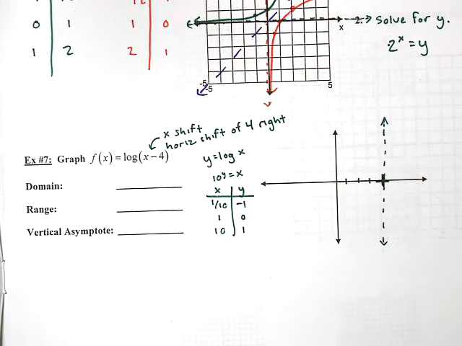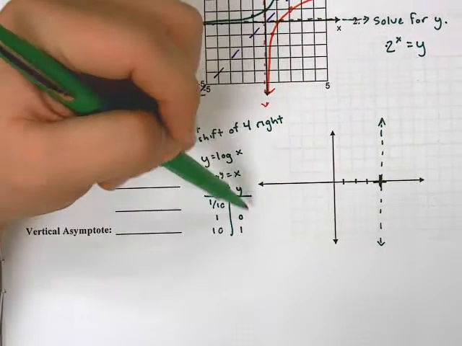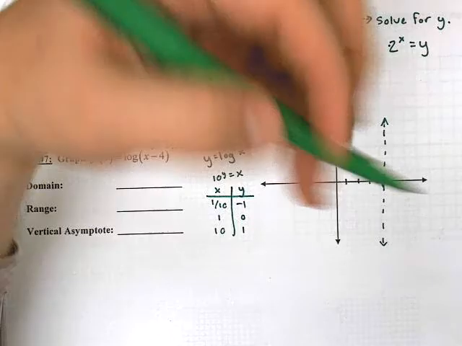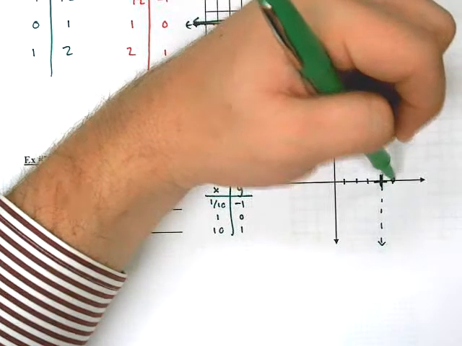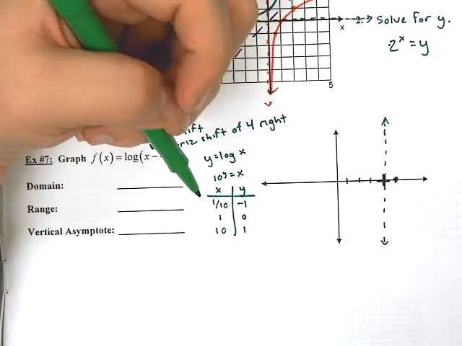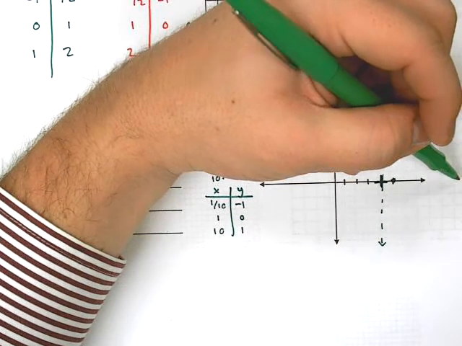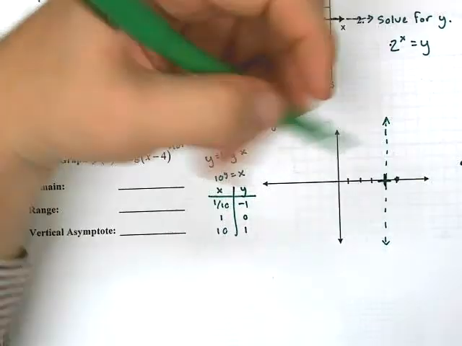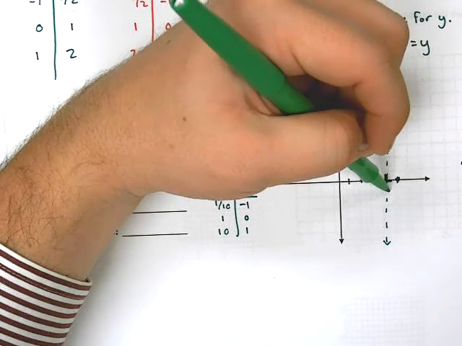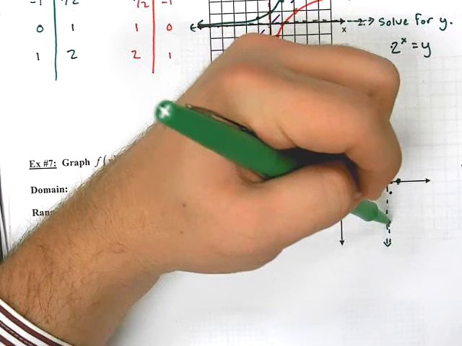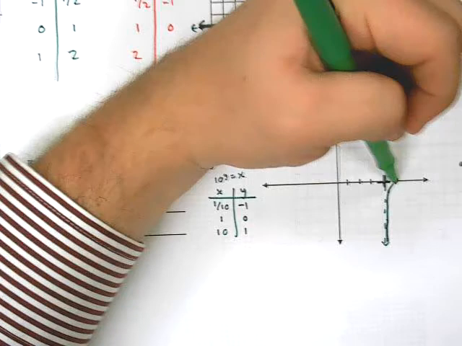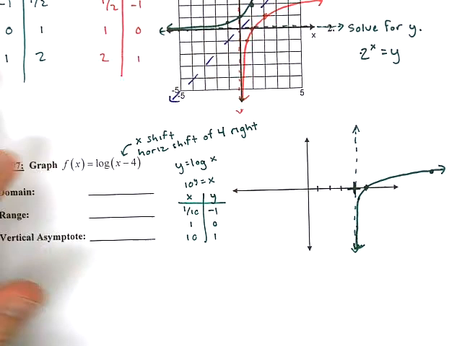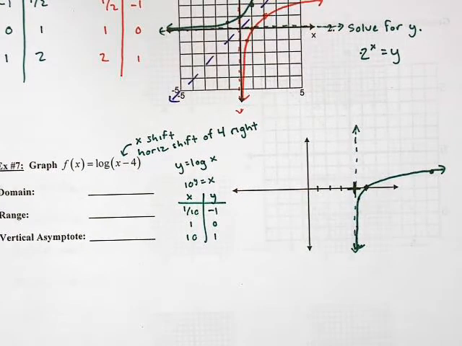Now please remember, these are from my new origin, right? So if this is my new origin, then I know I'm going 1 over to the right, up, down 0. I would be going over 10 to the right and up 1. And then I'd be going over 1/10 and down 1, something like this. So something like that. All right.